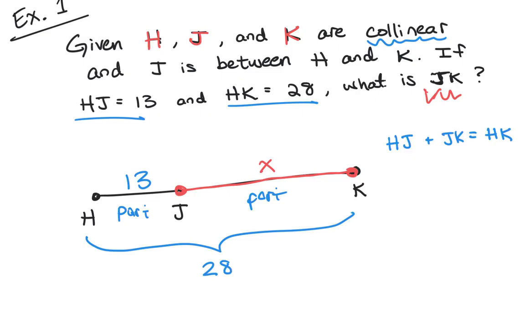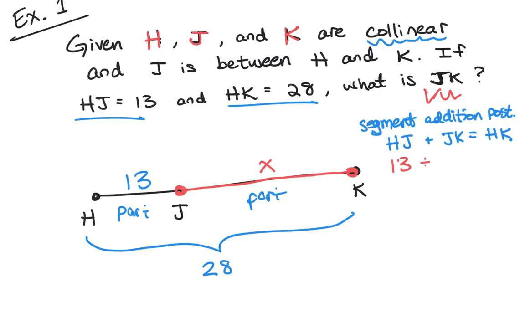But the legit way on a proof or to show your work is to write out the segment addition postulate. My handwriting's getting bad. Segment addition postulate. And then we would use the substitution property. We're going to plug in the numbers. I know that HJ was 13.